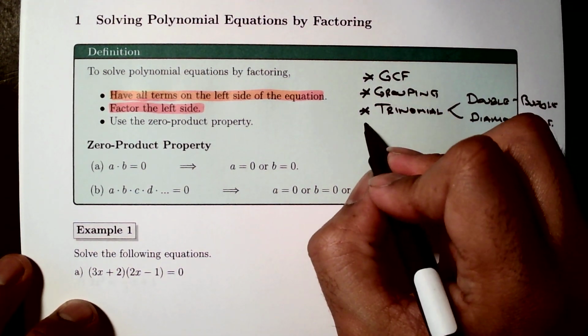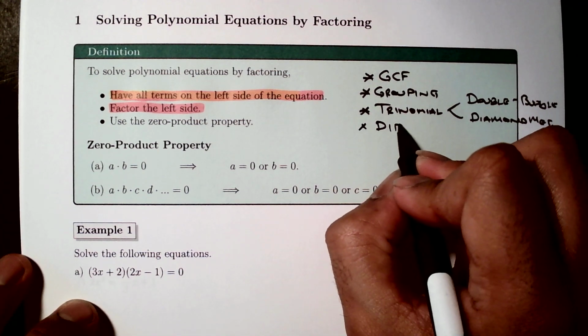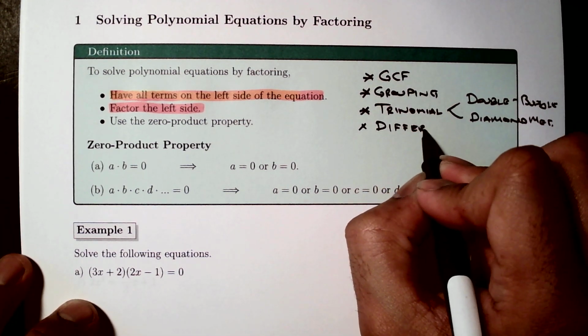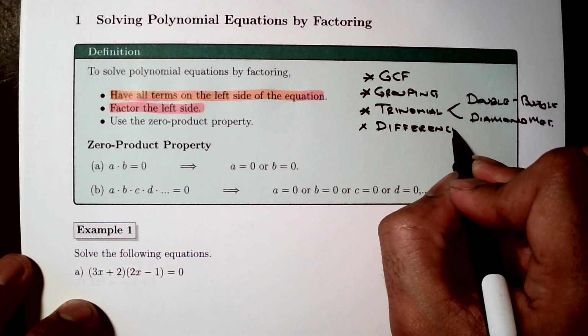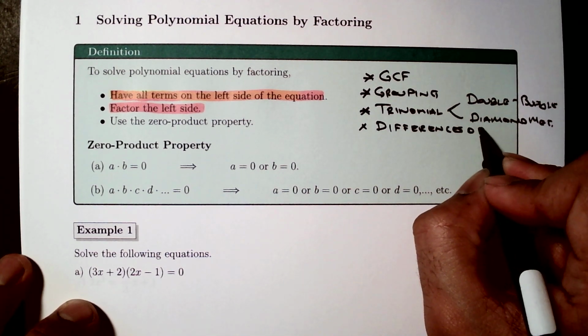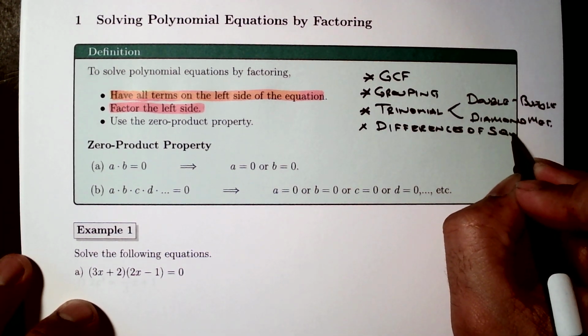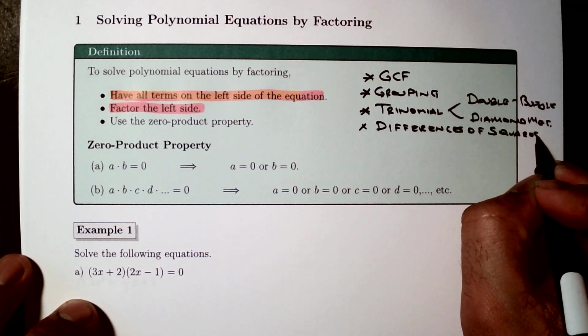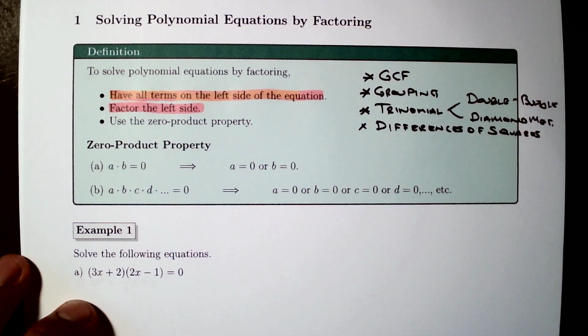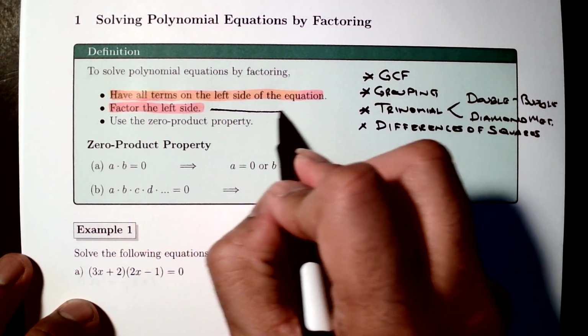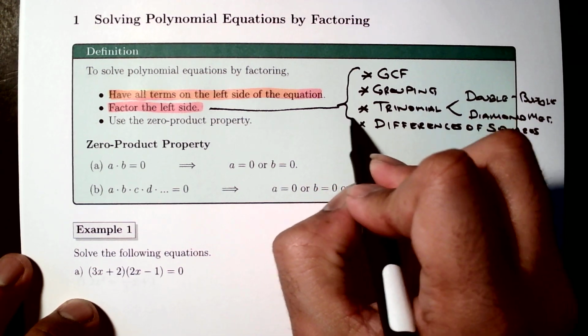Right, then we also have differences of squares. So we have many methods to factor these polynomials.